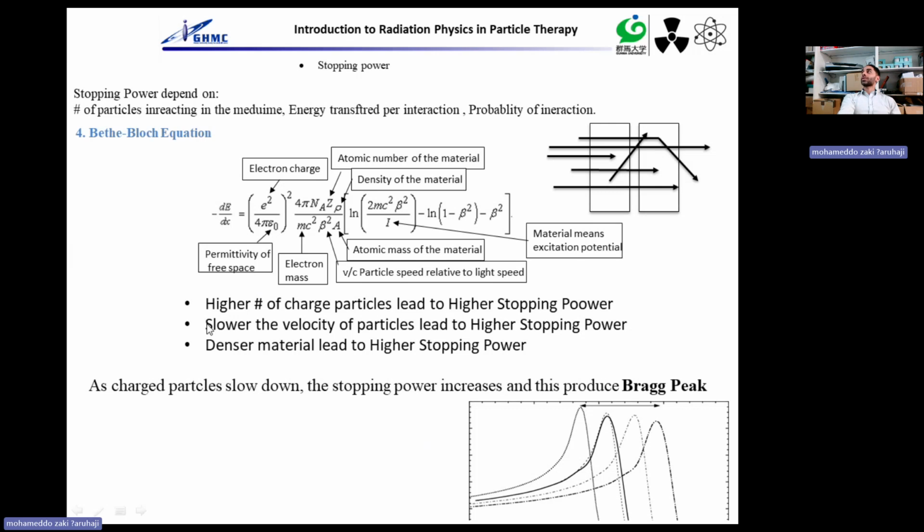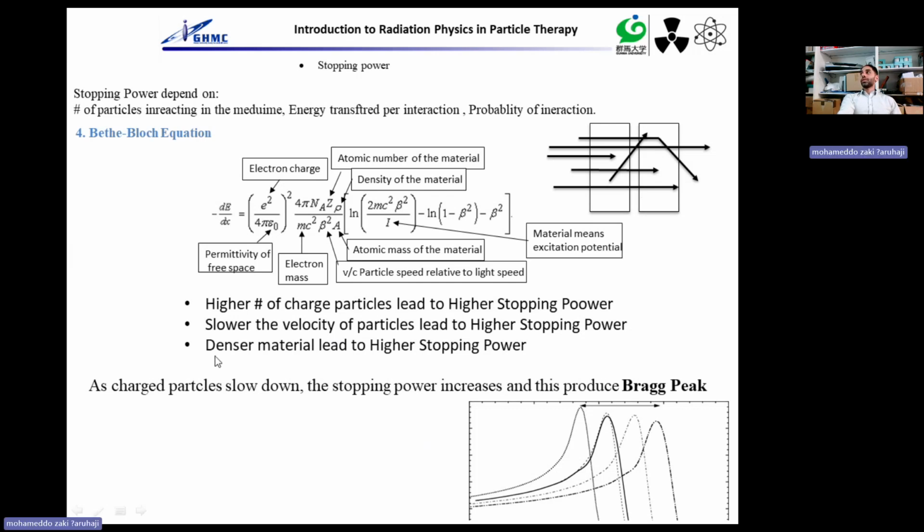And the other one, the slower the velocity of the particle, the higher the stopping power. This is the velocity of the particle, this one. So the slower the velocity, the higher the stopping power. Does that make sense?